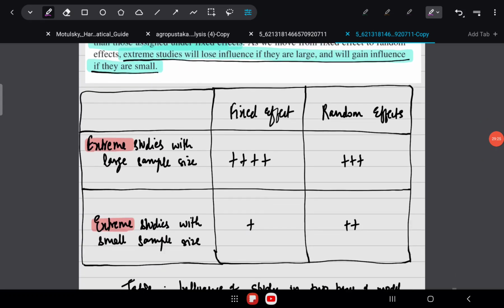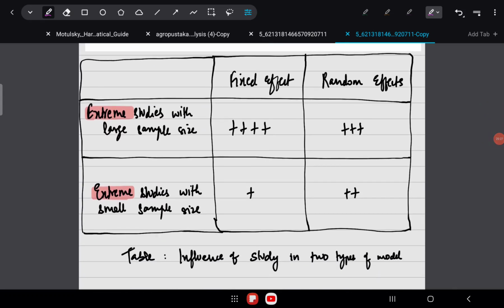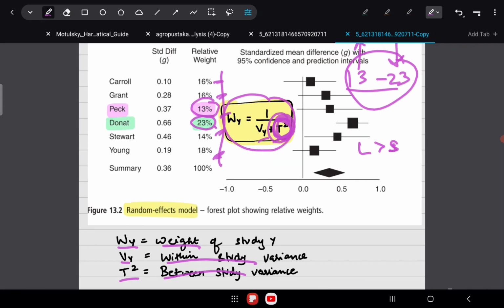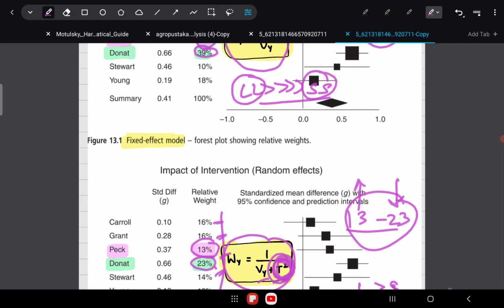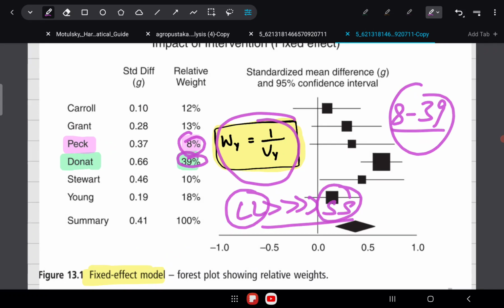Similarly, this concept is very similar to what I just explained. Let's say you have an extreme study. What do I mean by an extreme study? An extreme study is a study which has a relatively extreme effect size. For example, what is the most extreme study in this case? I can see these are the standardized differences, or Hedges' g.